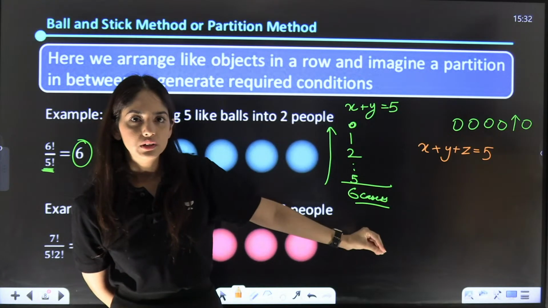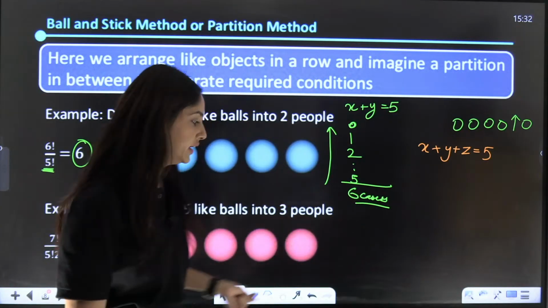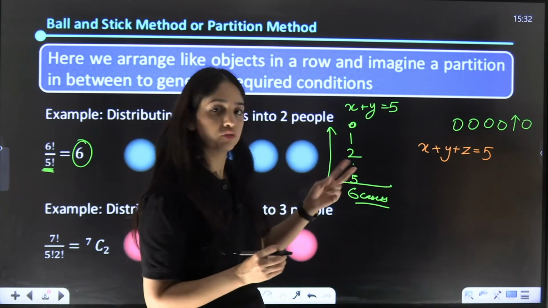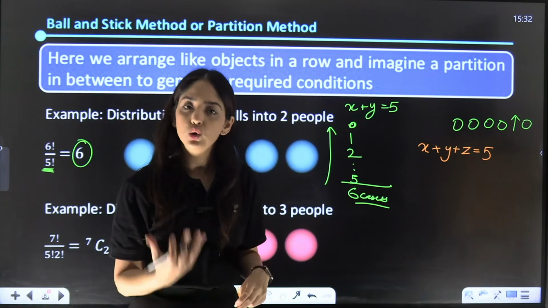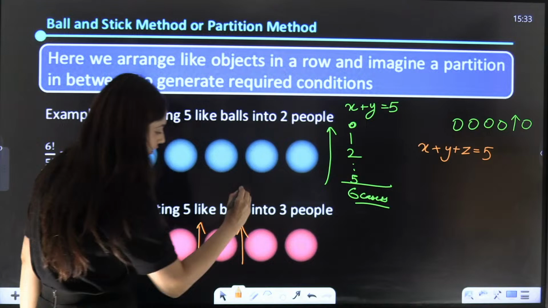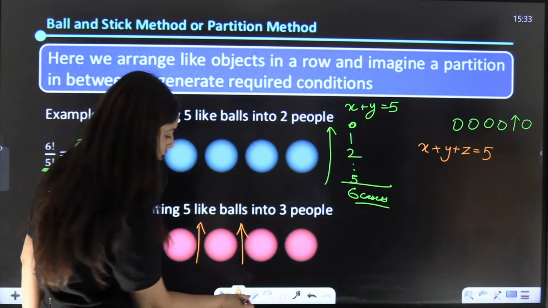Now, we can count all the possible cases, but if we just do the partition thing again, how many partitions do we need now? We needed 1 partition for 2 people. We will need 2 partitions for 3 people. If we have 2 partitions here, that means the first one gets 2, the second one gets 1, the third one gets 2.